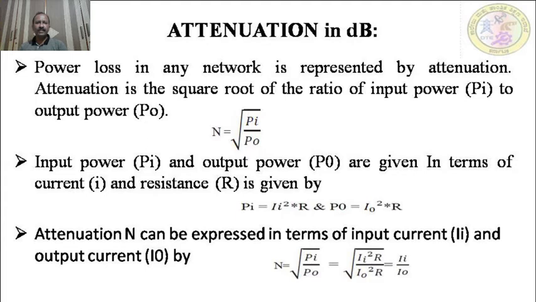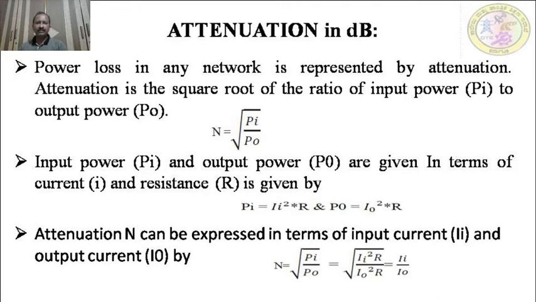Input power Pi and output power P naught can be given in terms of current and resistor in the above equation. Otherwise, you can write input power Pi is equal to I square into R, and output power P naught is equal to I naught square into R. Substituting Pi and P naught in the above equation, attenuation n can be expressed in terms of input current I and output current I naught. n is equal to square root of Pi by P naught.